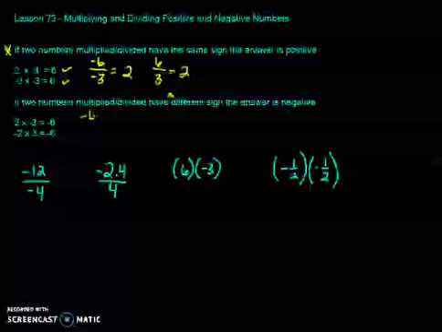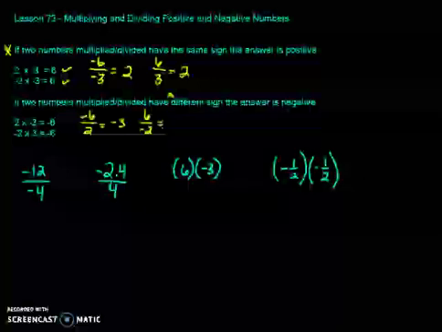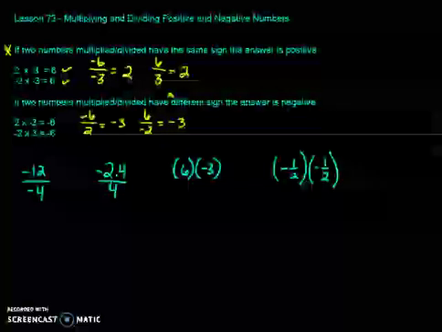So if we have negative 6 divided by a positive 2, our answer is negative 3. And if we have 6 divided by a negative 2, that also equals a negative 3. So if one of them's negative, the answer is negative. If both of them are positive, the answer is positive. If both of them are negative, the answer is positive.